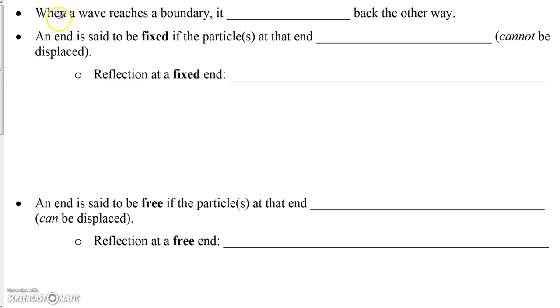What did we see? When a wave reaches a boundary, it reflects, it bounces off and goes the other way. If the end is fixed, that means the particle at the end is not free to move.